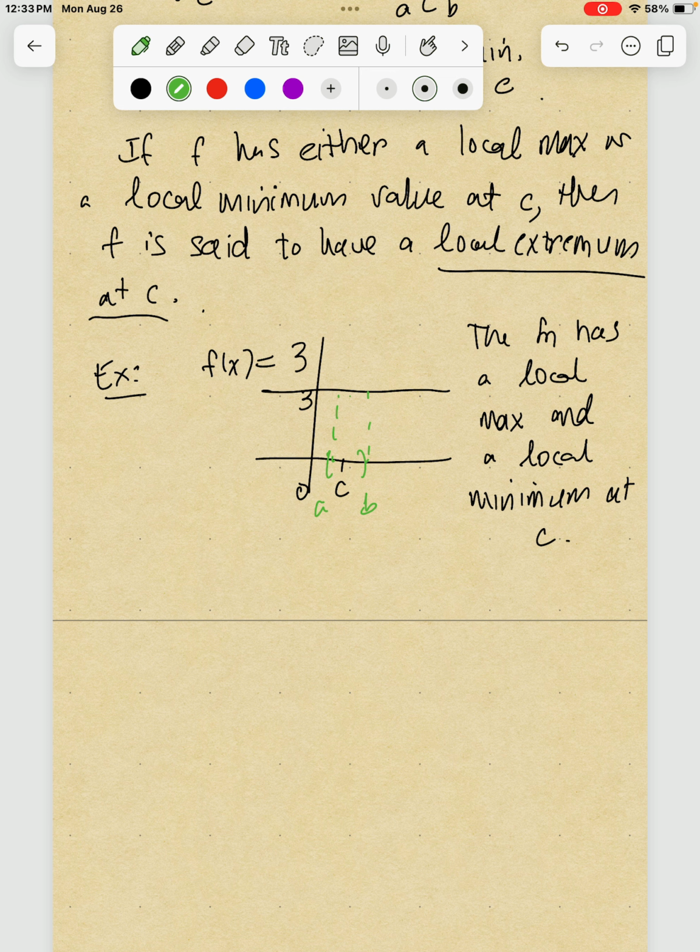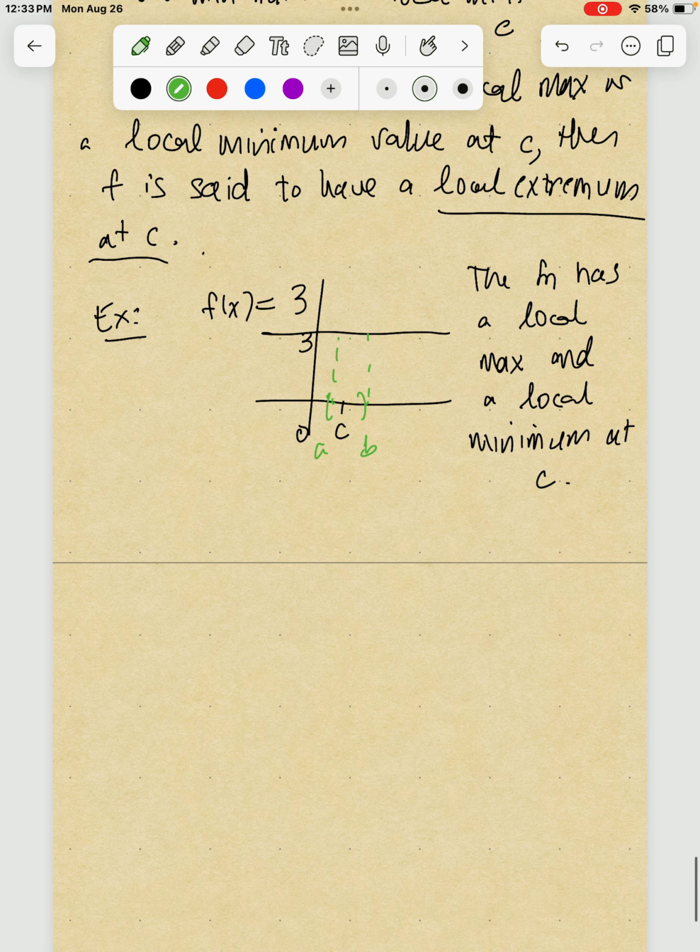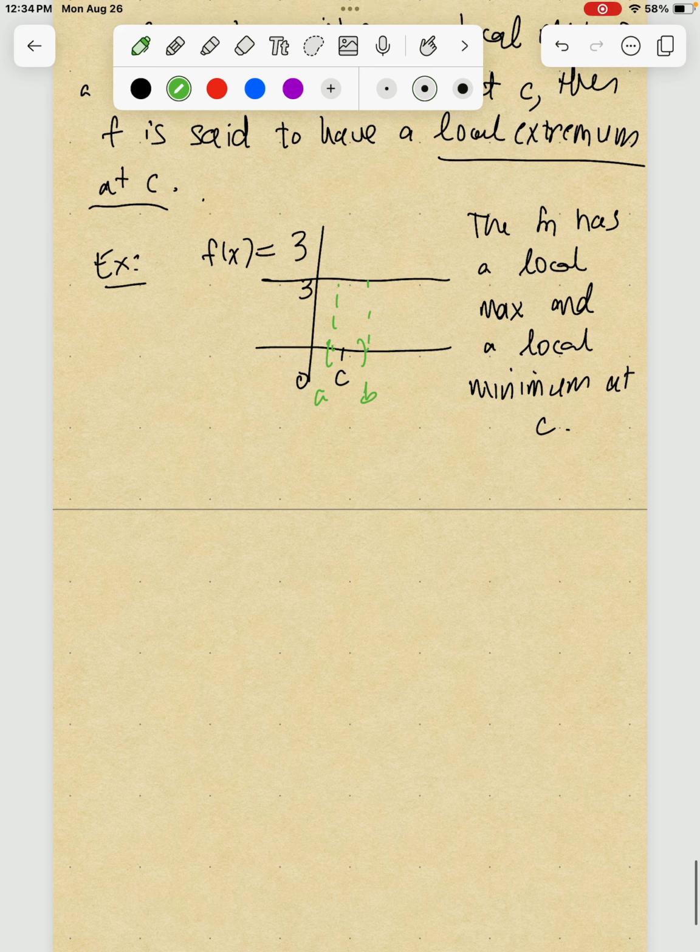It's not bigger than all the y values, but it's bigger than or equal to all the other y values. And by the same reasoning, the function has a local minimum at C, because f of C is less than or equal to all the y values in some interval around C.